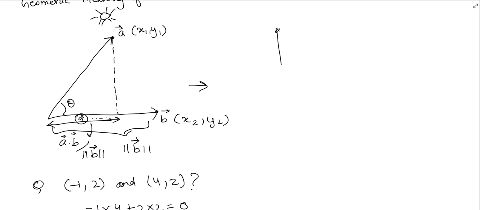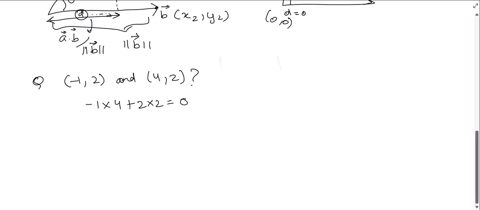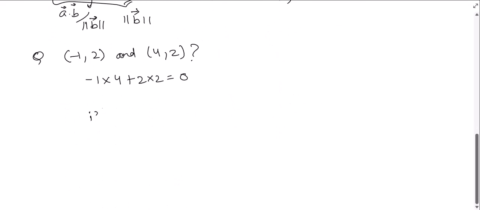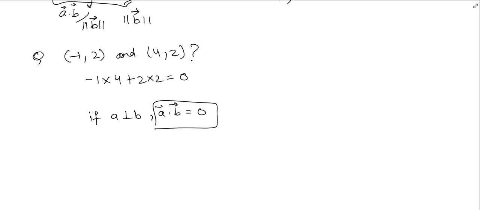And at 90 degrees, this value will be 0, as the shadow cast here will fall on 0. So if A is perpendicular to B, A dot B will be 0. The dot product of two vectors will be 0 if both vectors are perpendicular to each other.